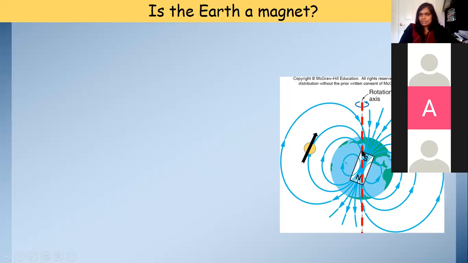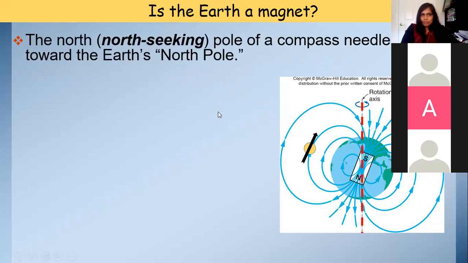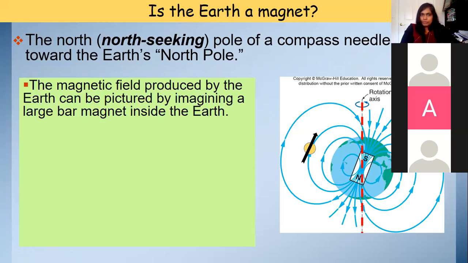Don't misunderstand it with the rotational axis, because Earth's rotational axis and the magnetic axis are tilted by 23.5 degrees, so there's a little misalignment between them. The north-seeking pole of a compass points towards the Earth's north pole. The magnetic field produced by the Earth can be pictured by imagining a large bar magnet inside the Earth, like in this picture.